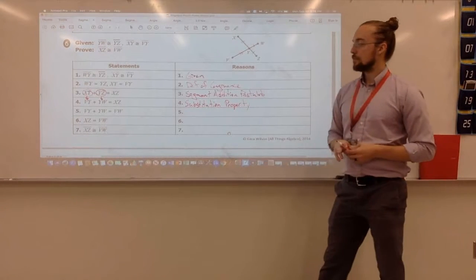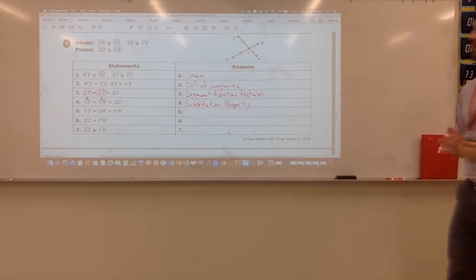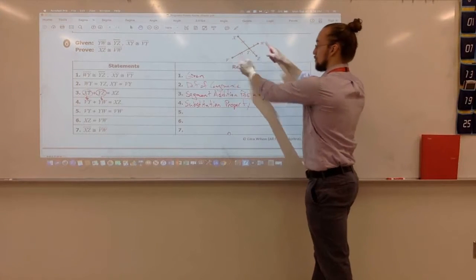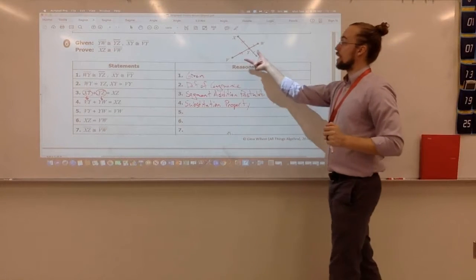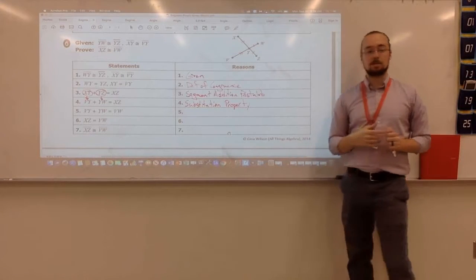Now for the next one, they're saying VY plus YW equals VW. And so this one, we're looking at the diagram again, saying this piece plus this piece equals the whole thing.